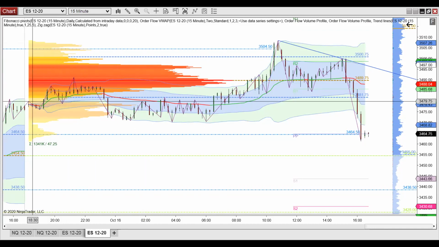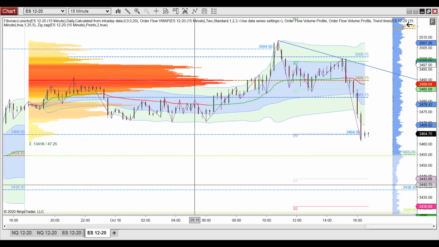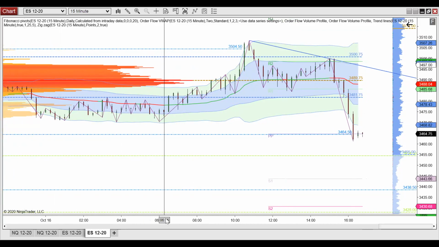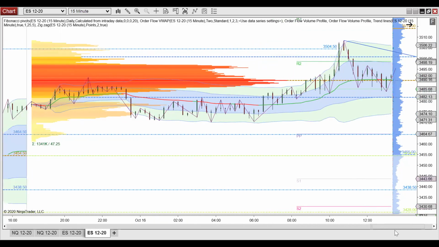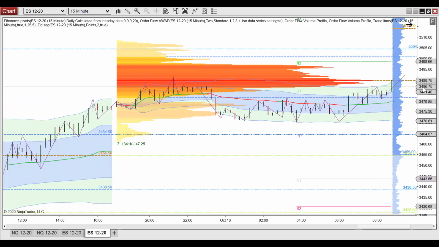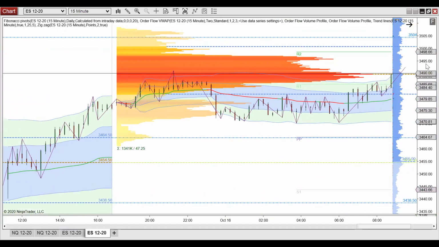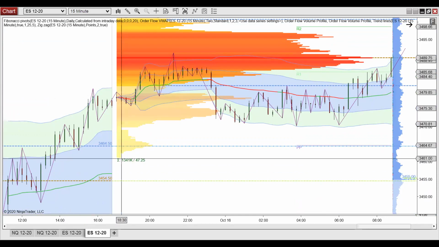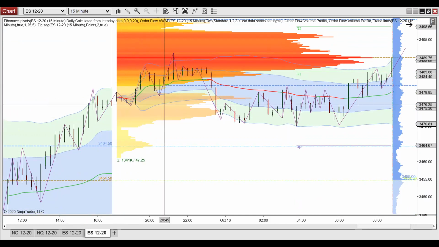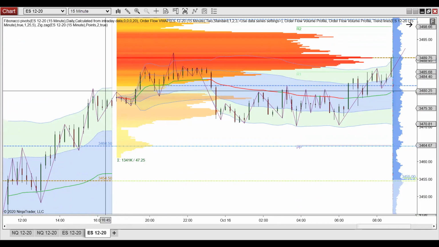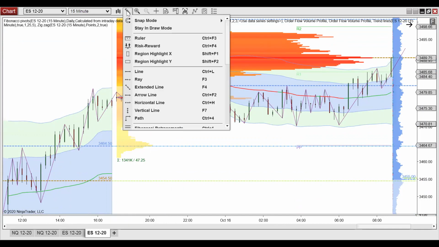Okay, so during the nighttime session, they barely move. So let's talk about that, because that's really important as far as how profitable they are. So when I look at it, we're going to trade ES right here. This is how I do my Fibonacci retracement.